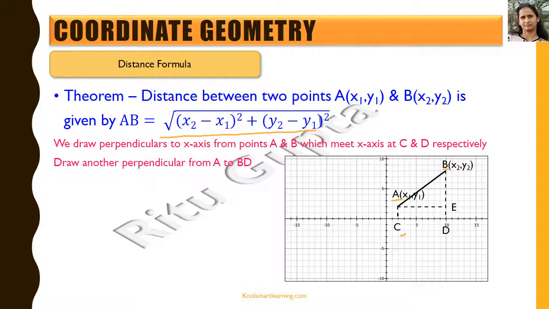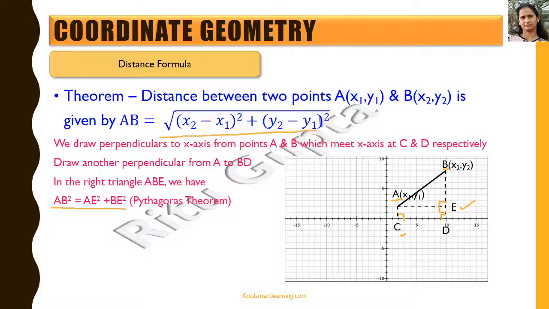We draw another perpendicular from A to BD such that it meets BD in E. So now we have AE perpendicular to BD. So this angle is 90, this is 90, and this is 90. Now in this right angled triangle ABE, we have AB square is equal to AE square plus BE square. This is by Pythagoras theorem.